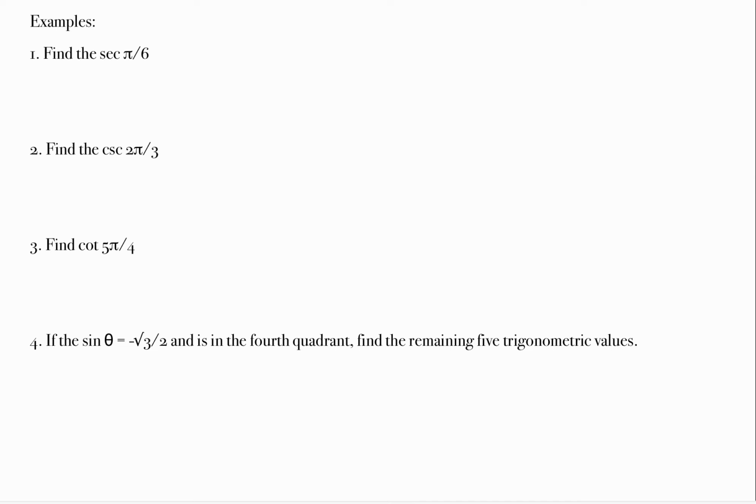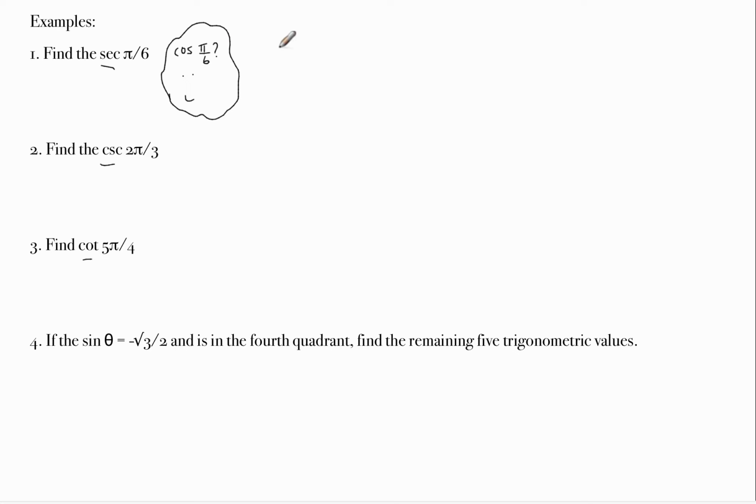I wanted to show you what the waves are like, but it's really easy for what you're going to have to do. They're going to ask you to find the secant, cosecant, and cotangent of numbers you already know. So this is all I do. Find the secant of pi over 6. In my mind, I just think, what is the cosine of pi over 6?